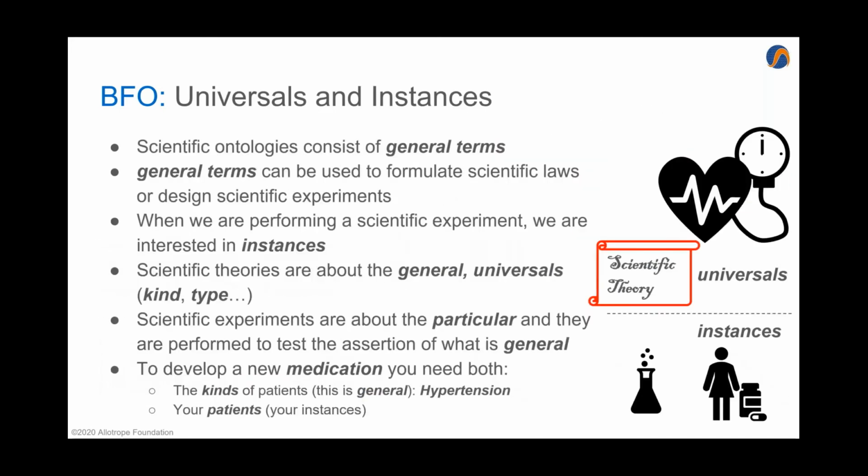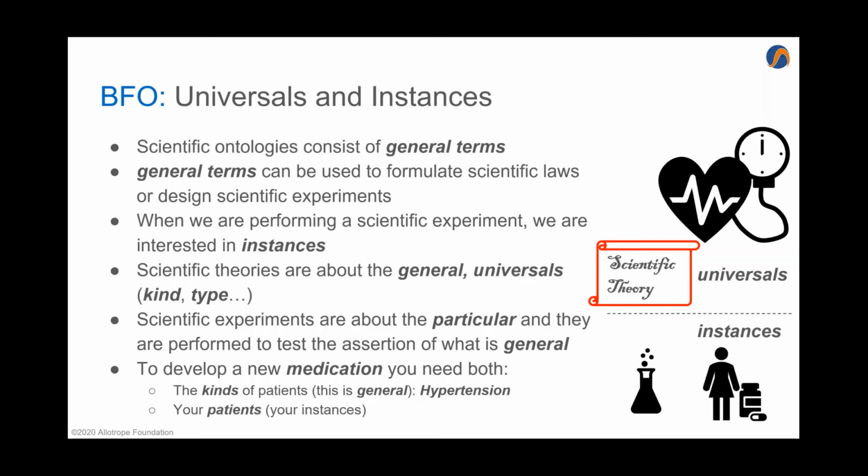When you use scientific ontologies, they consist of general terms, and general terms can be used to formulate scientific laws or design scientific experiments. When you're performing a scientific experiment, you are mostly interested in actual instances.